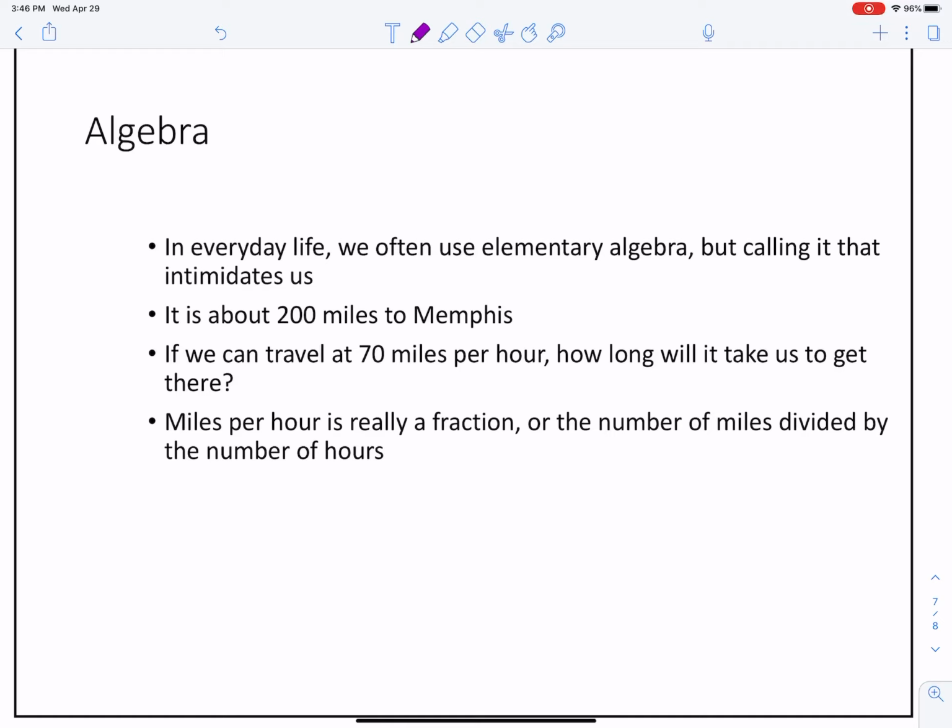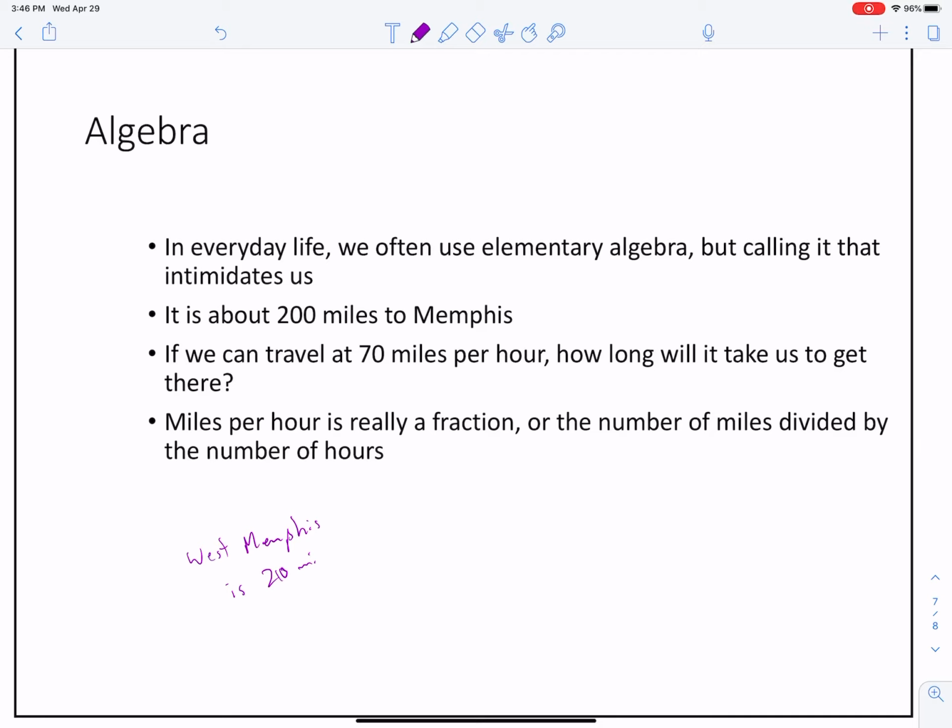Let's say West Memphis, which is on the other side of the river from Memphis, is 210 miles away from where I live. So if I travel at 70 miles an hour, how long is it going to get us there?